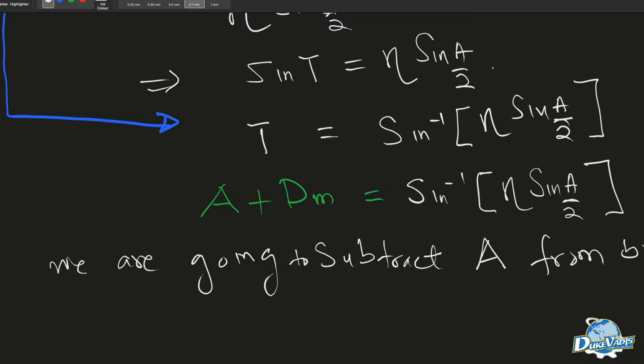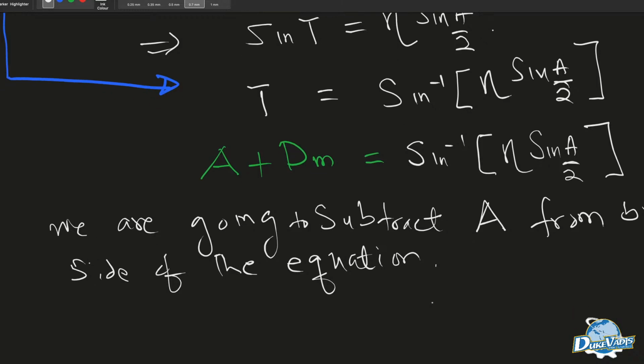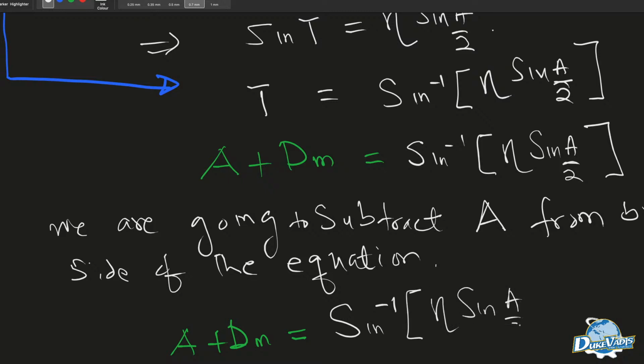So I will put it down the way it is: A plus D minimum is equal to sine inverse of the whole expression in the bracket, all over 2.